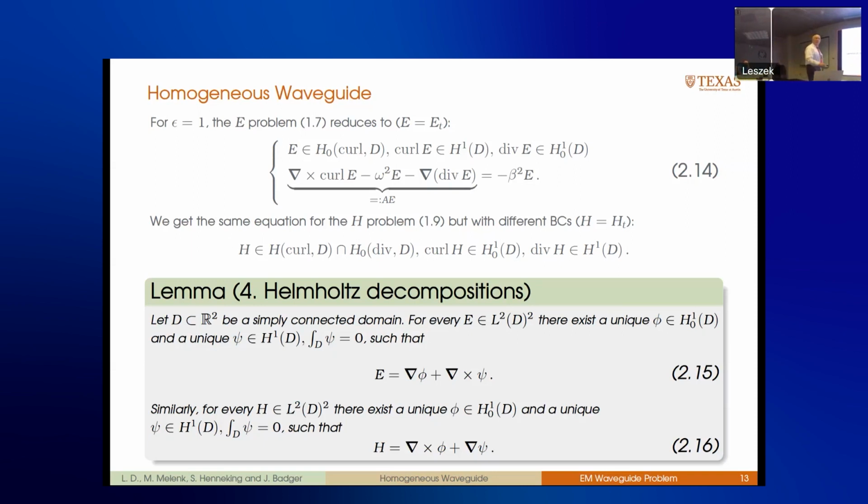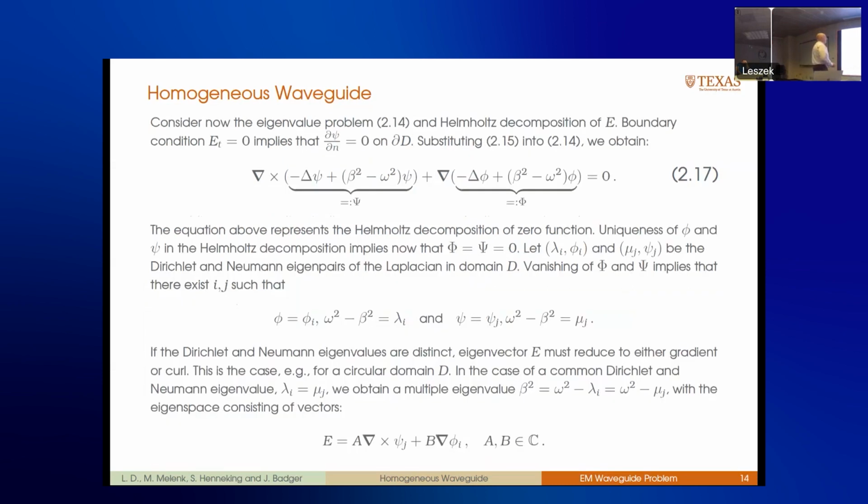That's the big point. So anyway, you take this representation for E that we have and you plug it in there, right? And as you plug it in here, while there are some details that you have to follow, what you obtain is the corresponding Helmholtz decomposition of 0. And because Helmholtz decomposition is unique, you're looking at two zeros here.